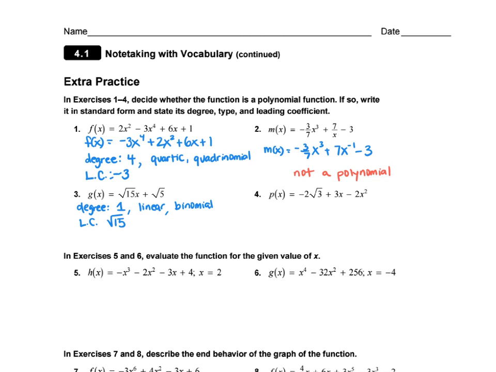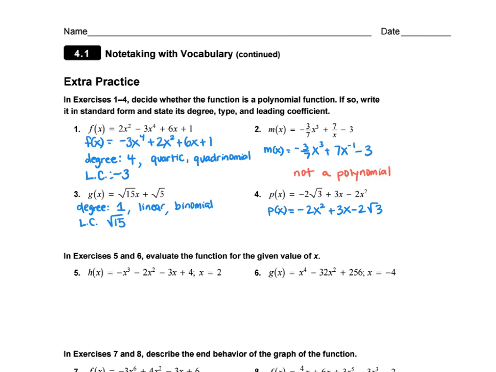Question number 4. Again, first thing we look for is the exponents. X squared, that's good. X to the first, that's good. And this is a constant, so no x. That is definitely a polynomial. It is not in standard form, so let's go ahead and write it in standard form. It should be negative 2x squared plus 3x minus 2 root 3.